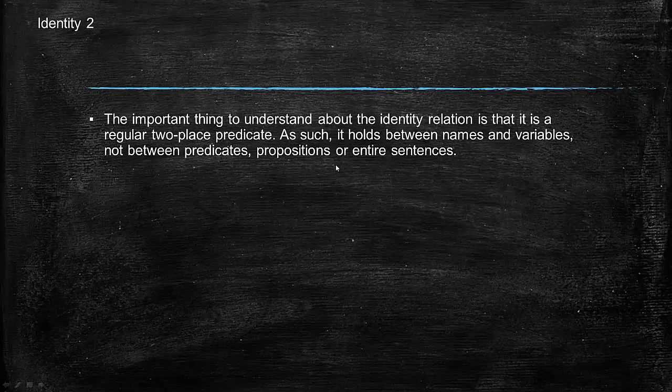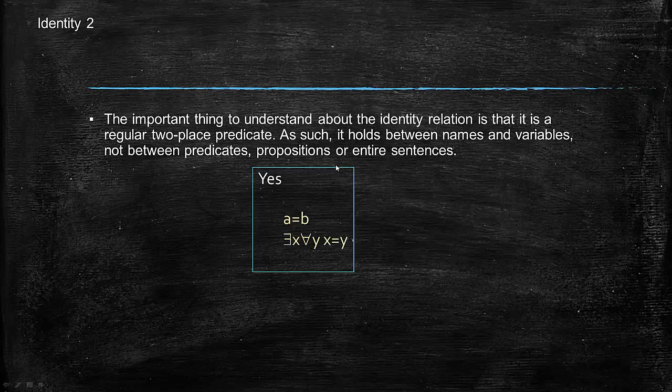So the important thing to understand about the identity relation, though, is that it really is just a regular two-place predicate. So it holds between names and variables, but not between predicates or propositions or entire sentences. So this is right. It's like A is identical to B, or there exists an X such that for all Y, X is identical to Y, but this is wrong.